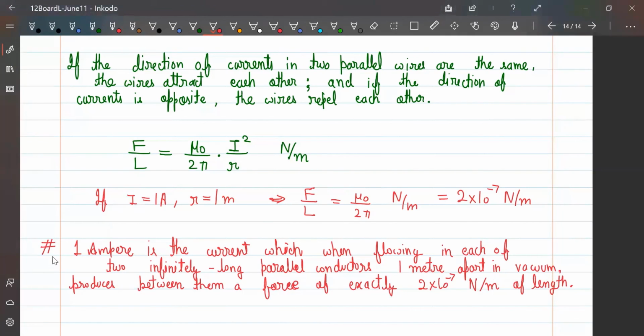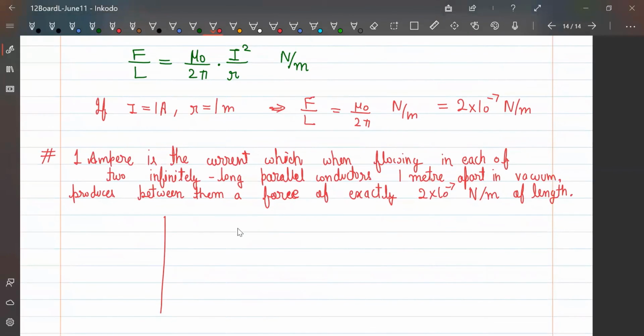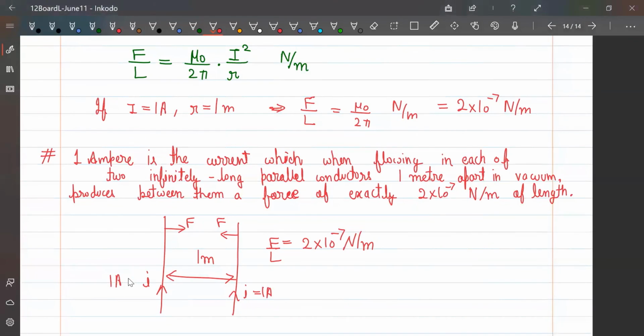If two long parallel wires are 1 meter apart and the force of attraction between them is equal to 2 into 10 raised to minus 7 Newton per meter of length, then each of them will have a current of 1 ampere.